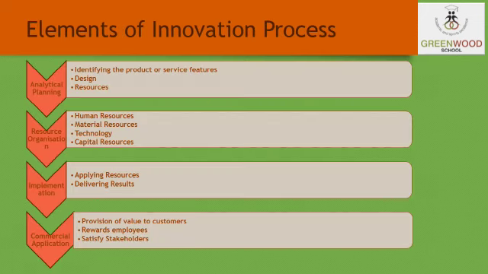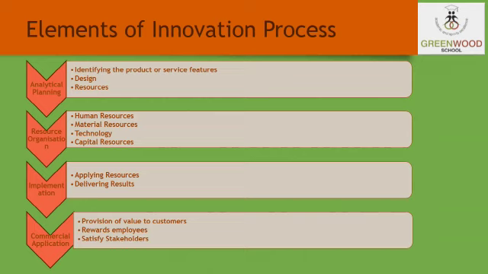Elements of the innovation process. Now there are 4 elements of the innovation process: analytical planning, resource organization, implementation, and commercial application. Analytic planning involves identifying the product or service features, design, and resources.